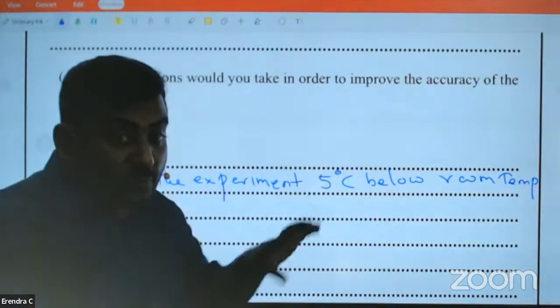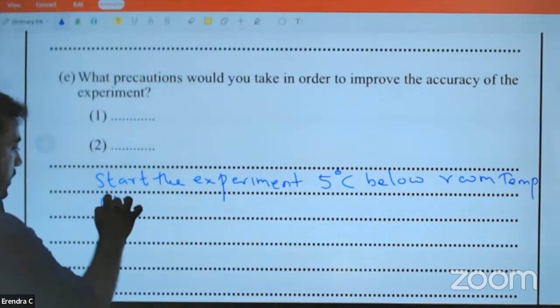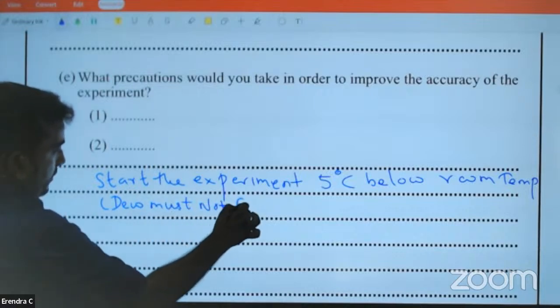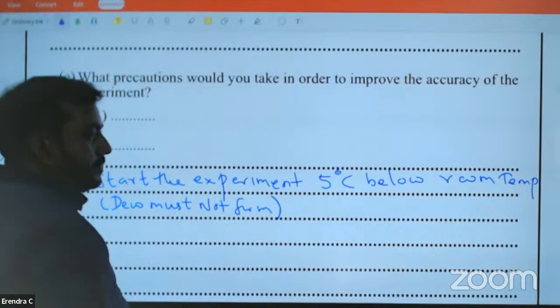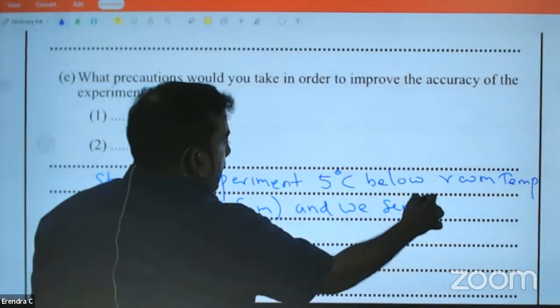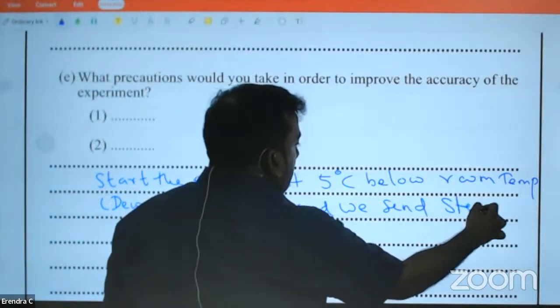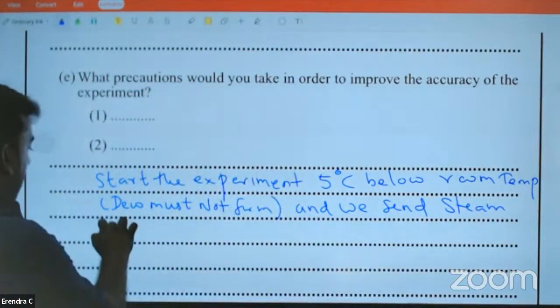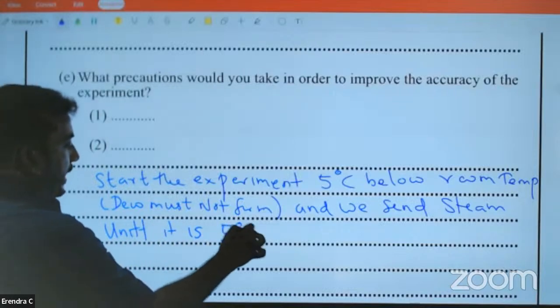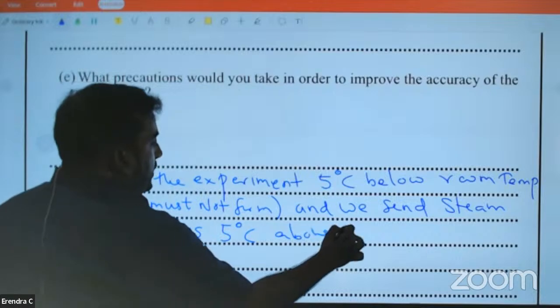Remember, dew must not form. And we send steam until it is 5 degrees above room temperature.